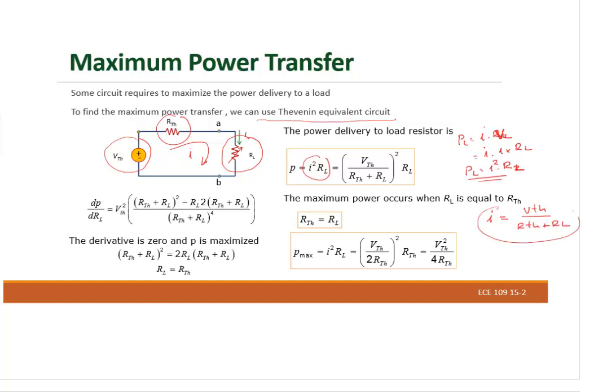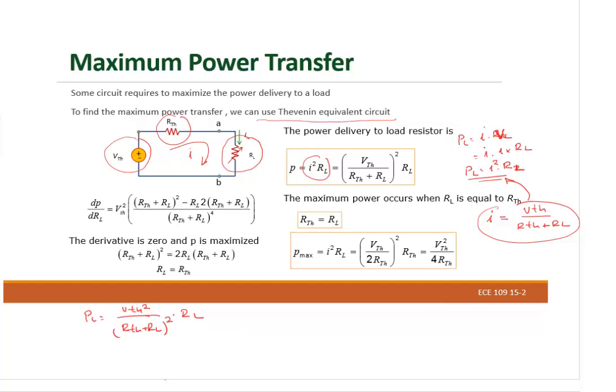So we apply this to our equation, and the PL equation comes out as VTH squared divided by (RTH plus RL) squared, times RL.